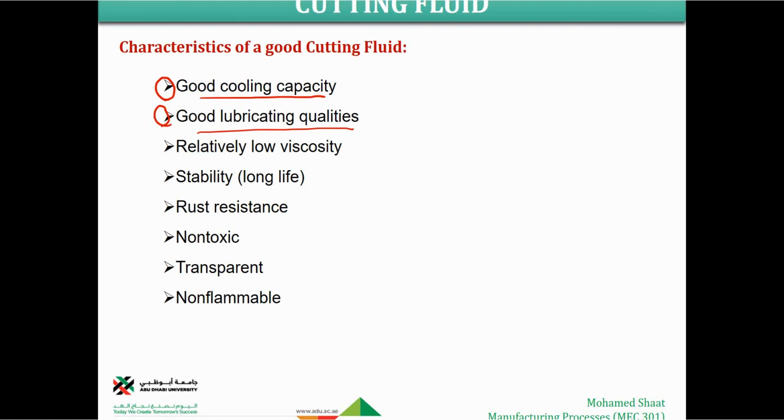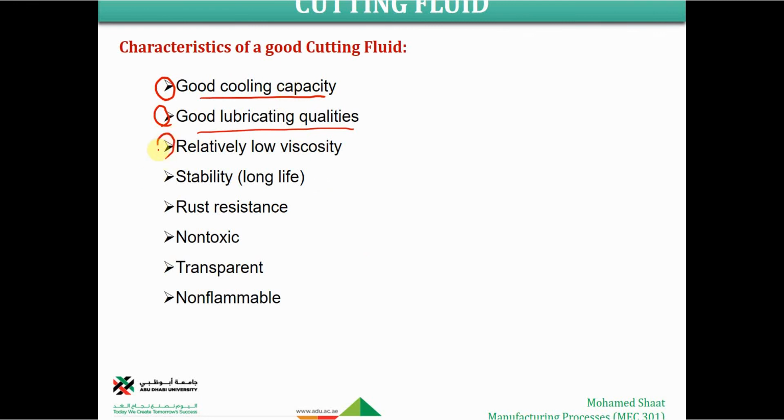So the cutting fluid does two things: it eliminates the friction because of its lubricating characteristics, and in addition, it absorbs the heat generated during the machining operation because of its high heat capacity, so that it can absorb more heat.